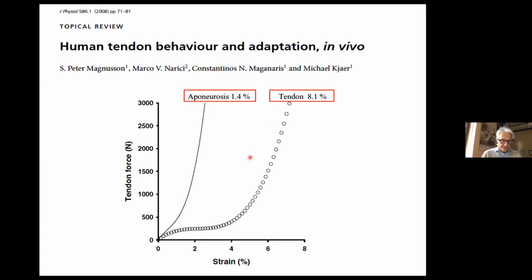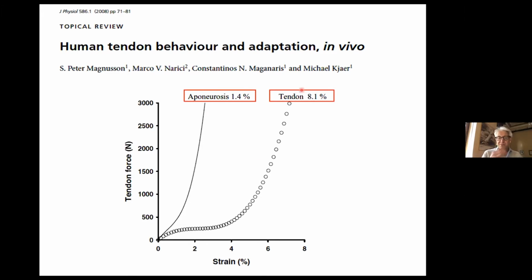Also, there's an open question as to whether the aponeurosis and the free tendon stiffness are different. In this study by the group of Michael Kerr, it was shown that the stiffness of the aponeurosis was drastically lower than the stiffness of the tendon.